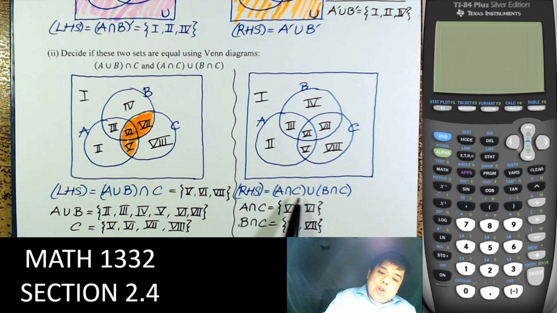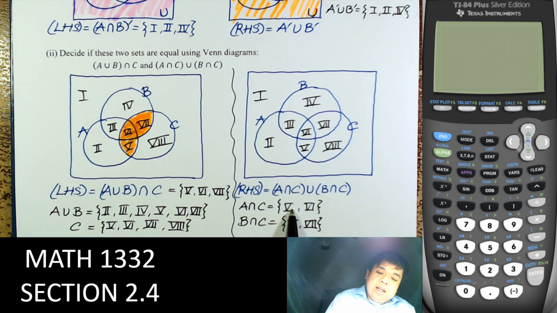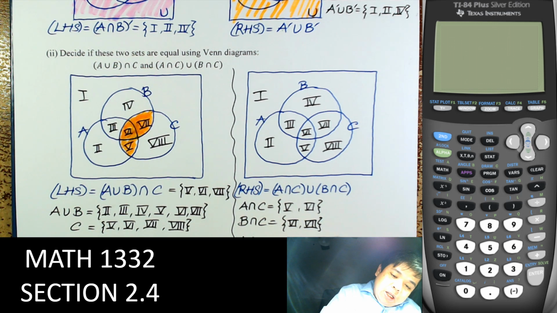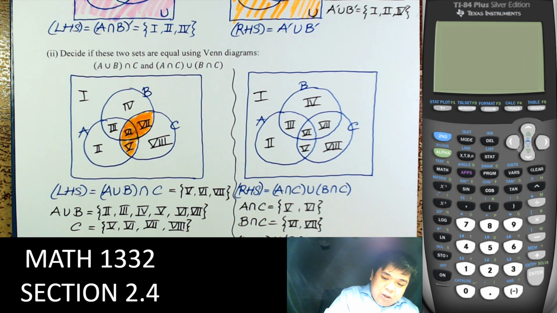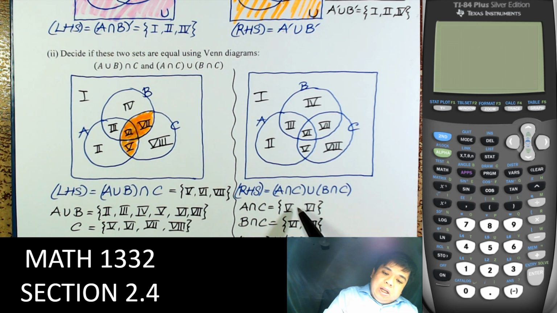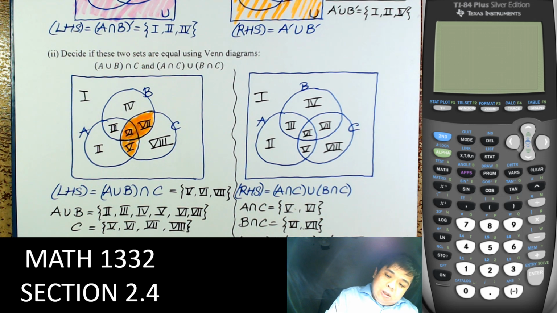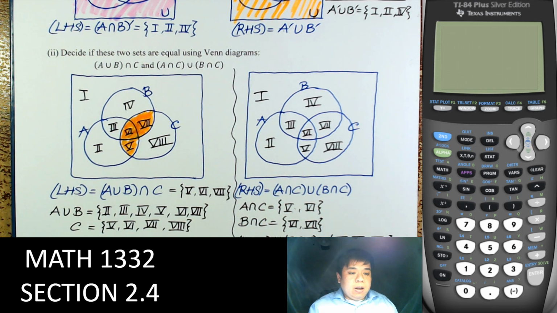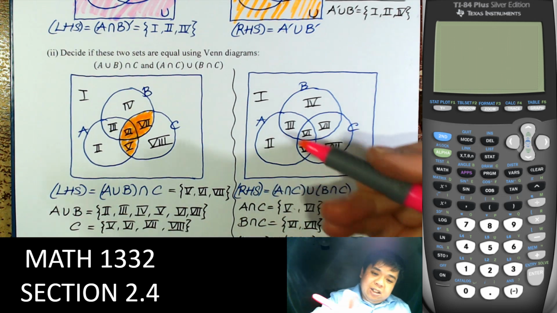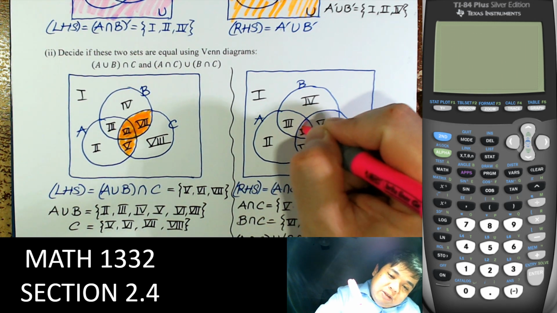And now the union of these, meaning in either this or that or both. So A intersect C union B intersect C is going to be 5, 6, and 7 again.